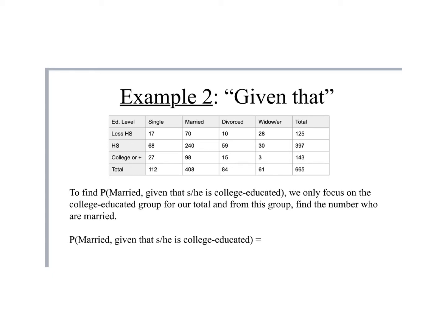For example 2, given that, remember we're going to focus only on a certain group, not everybody. The question asks, find the probability a person is married given that she or he is college educated. So we're only going to focus on the college educated group for our total. From this group, find the number who are married. We're looking at the college educated group, which is here, and from that group, we're going to look at only the people who are married.